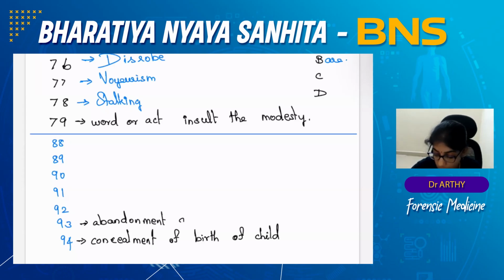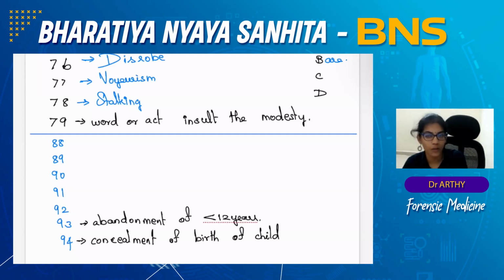Now, why are these sections important to us? We are supposed to give the opinion whether the child was live born or stillborn. We also give the opinion as to the age of the child, whether the child was less than 12 years or more than 12 years. So that is why these sections become important to us.